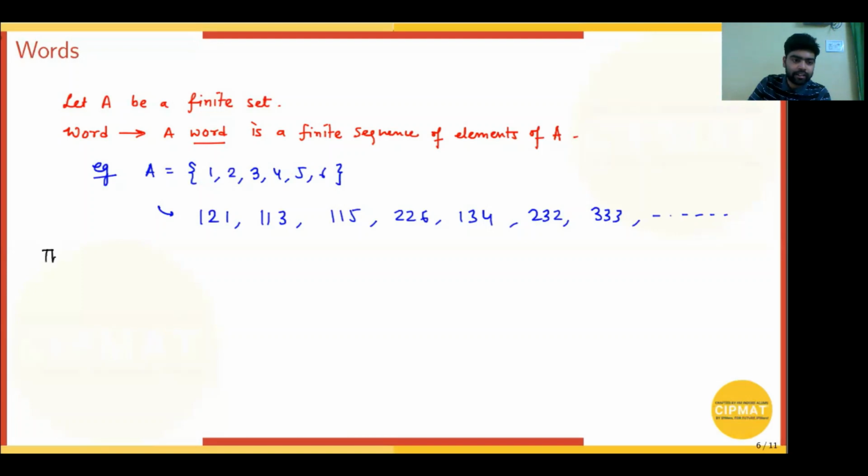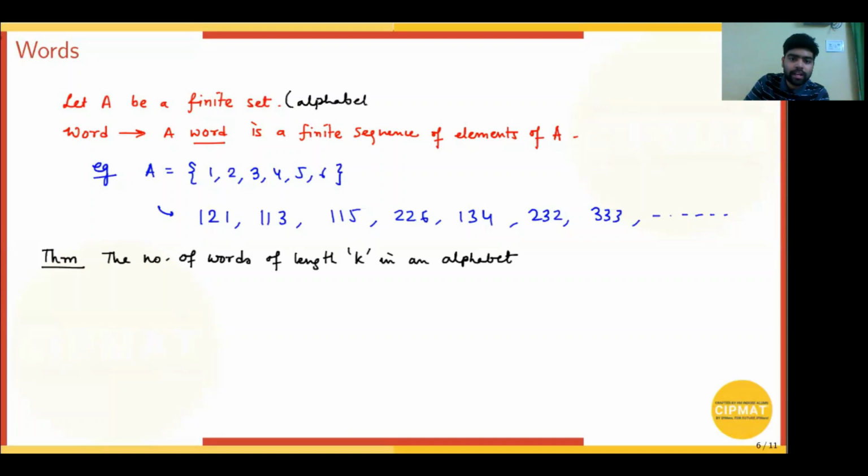The theorem is that the number of words of length k in an alphabet, where we call this whole set A an alphabet, consisting of n letters, is n to the power k.